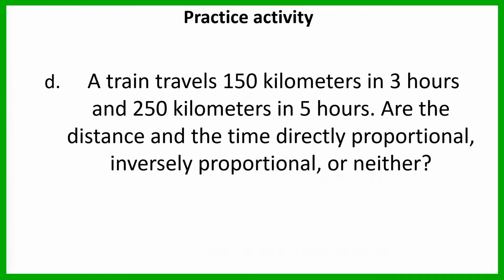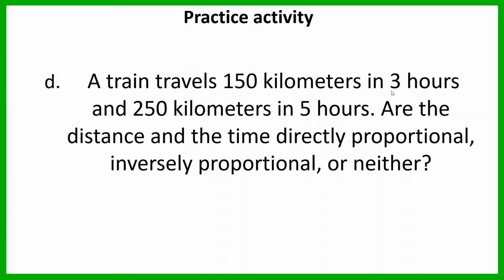Okay, so let's go through that and see what you should have got. So first of all, if you look at your two variables, you've got distance and time. So if we look at working out first if it could be directly proportional or if it could be inversely proportional, let's see what is happening with the two variables in comparison to each other. If the distance increases from 150 kilometers to 250 kilometers, what happens to the time?